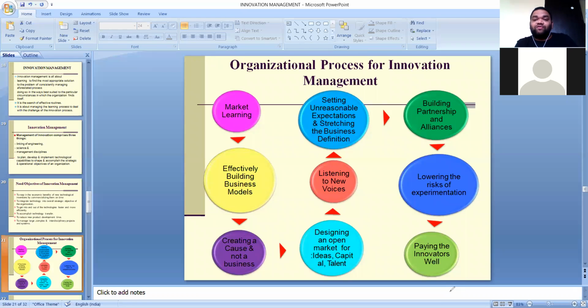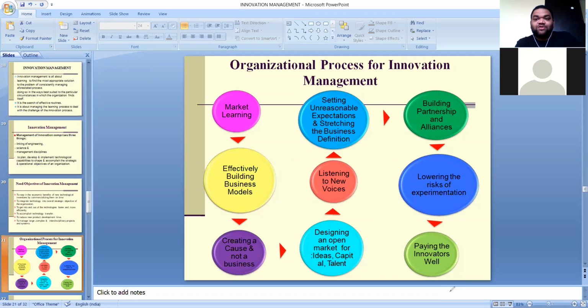An open market is for ideas, for capital, for talent. Whatever the innovations or new things are, we should not say that this innovation will be ultimate. You have to consider some ideas and talents, and also capital. We should not be restricted to ourselves, because if you open to the market, then the flaws can be known.